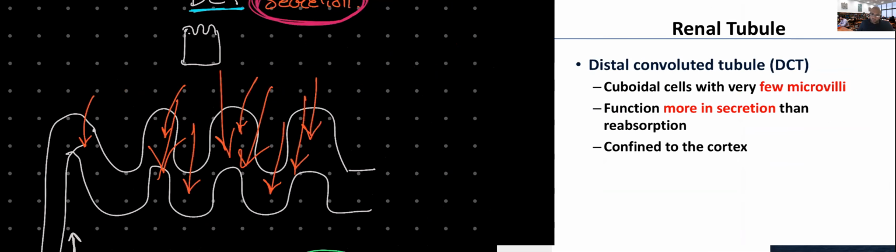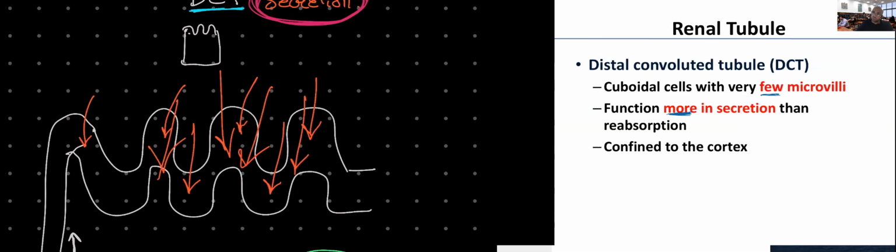Moving on to the distal convoluted tubules. Distal convoluted tubules are going to be formed of cuboidal cells, but remember they have few microvilli, much less than what I had in the proximal convoluted tubules. The function is more in secretion than reabsorption, but they still perform some reabsorption.